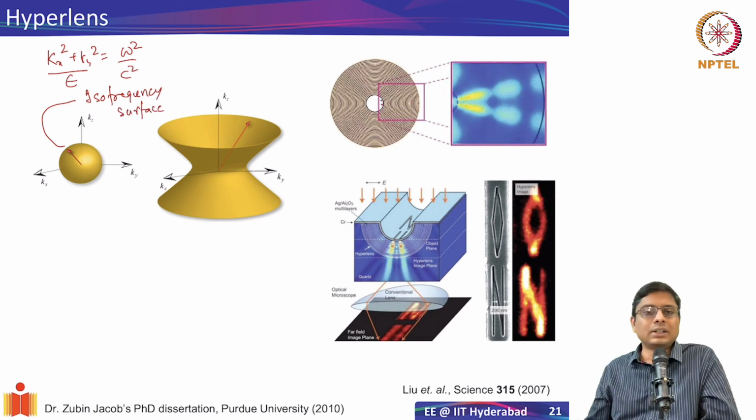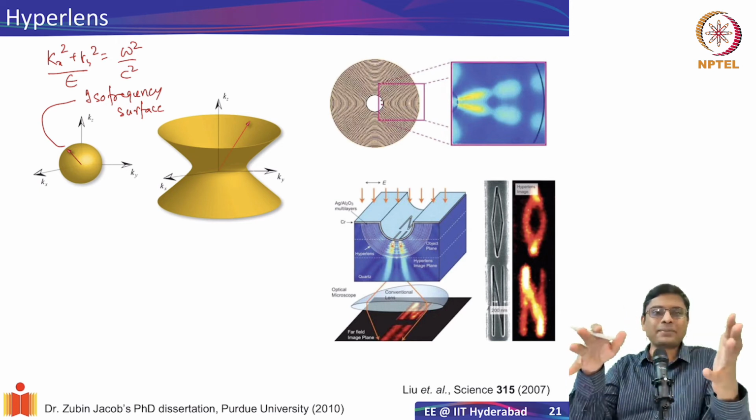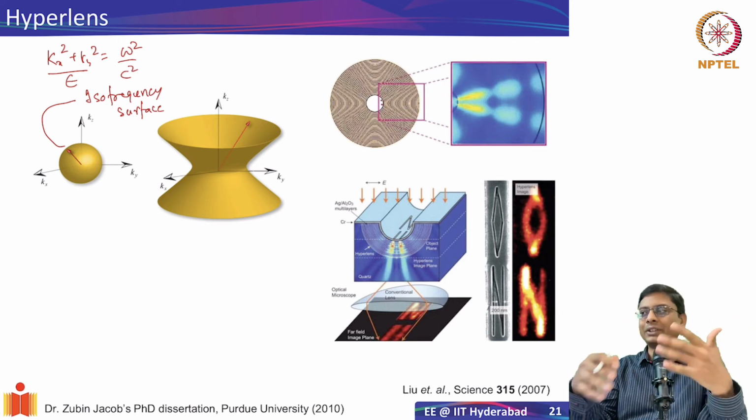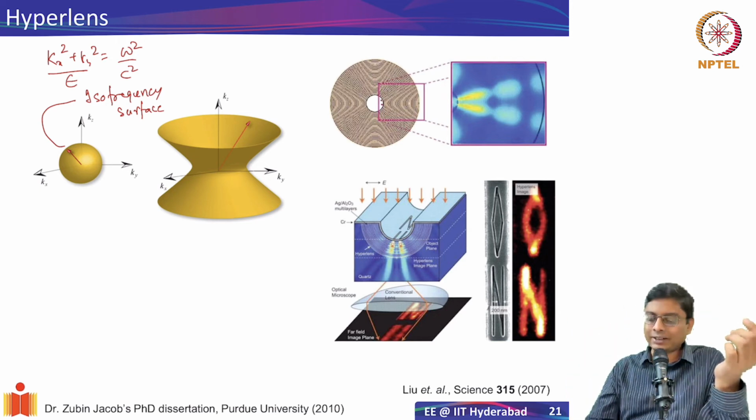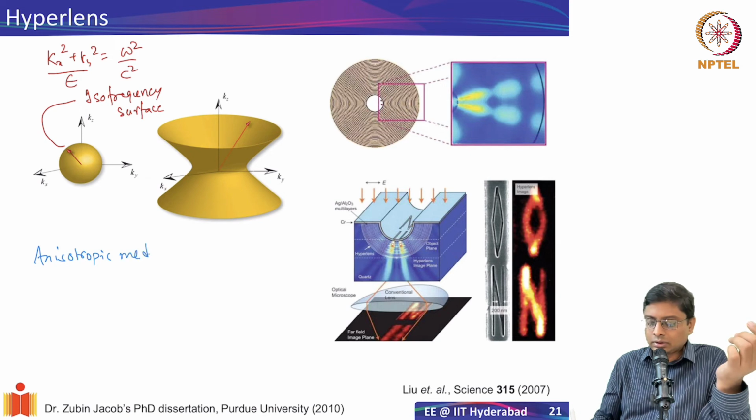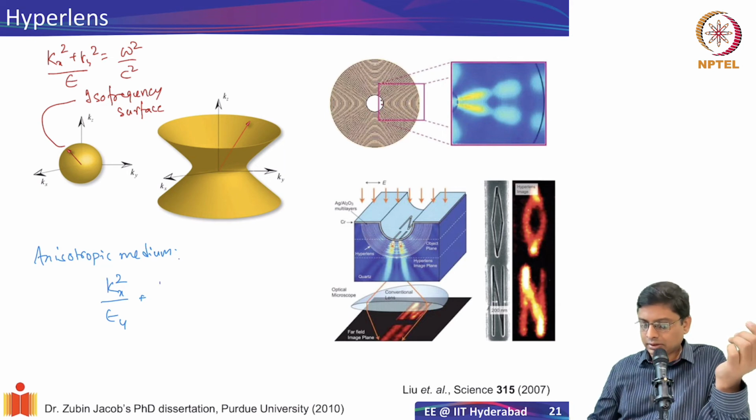Now, this is with regular materials, but with our knowledge of, let's say, the metal dielectric slabs, we saw that we are able to get anisotropic surfaces. So in principle, I can also have an anisotropic medium wherein my dispersion relation becomes kx square divided by epsilon y plus ky square divided by epsilon x equals omega square by c square.